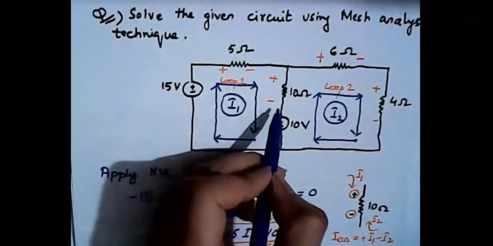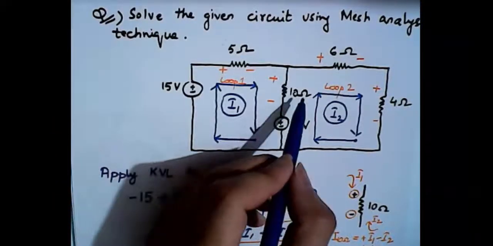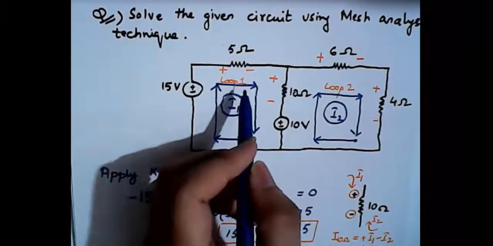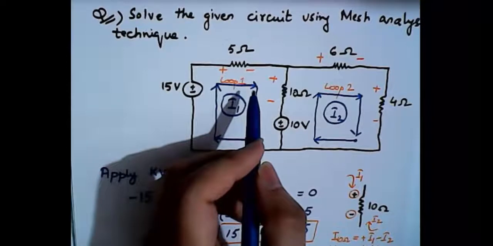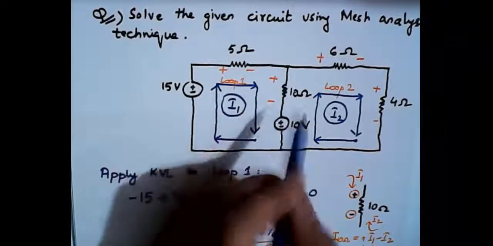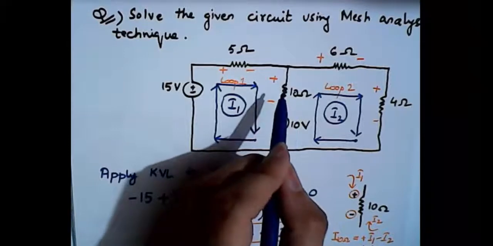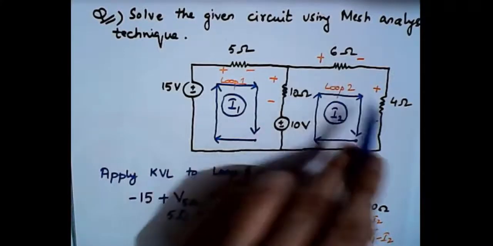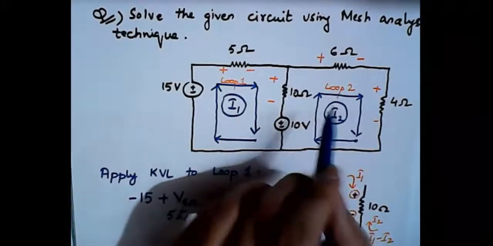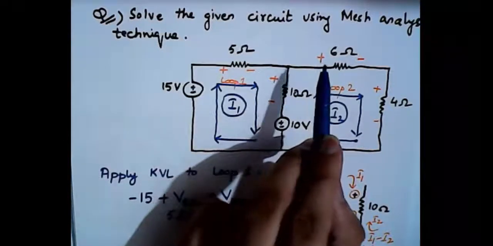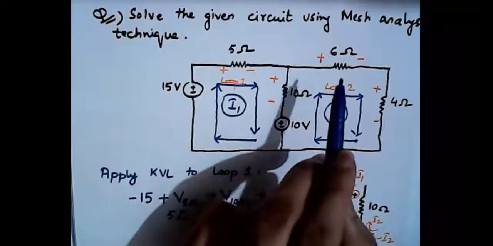And let me repeat why we have taken this as minus: because the polarities at the 10 ohm resistance were marked when we were writing the equation for loop number 1, and we know that we cannot change the polarity. So now we have to keep the same polarities. Yes, for those elements where the polarities are not marked, no issue in that. You are supposed to mark the positive terminal where the current is entering.